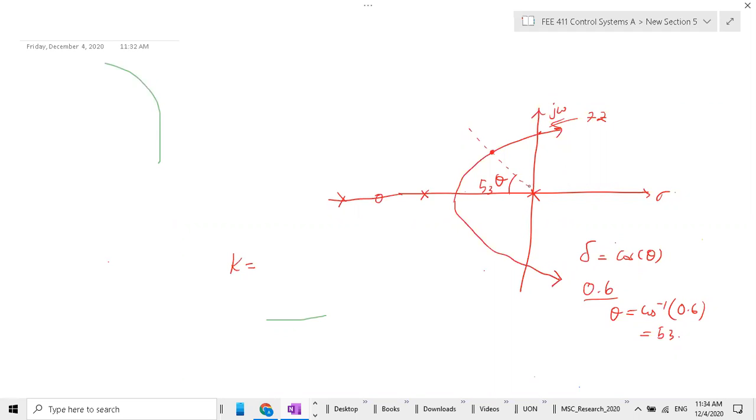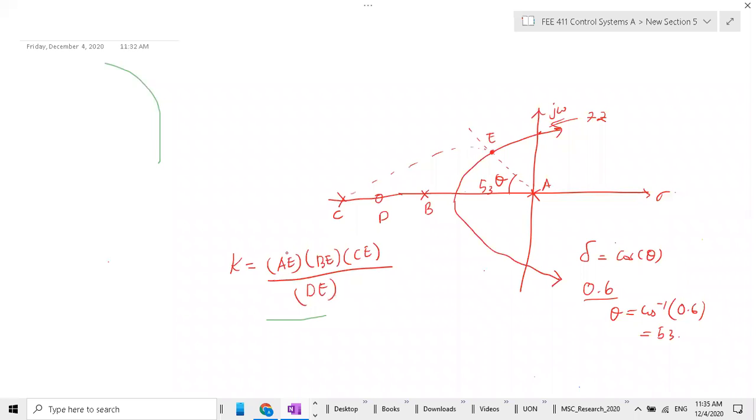So you can find K. You measure from each pole. Let's say this is A, B, C, and that is E, and this is D. So you measure the length from A to E, multiply by the length from B to E, multiply by the length from C to E, divide by the length from D to E. So all these are the poles.